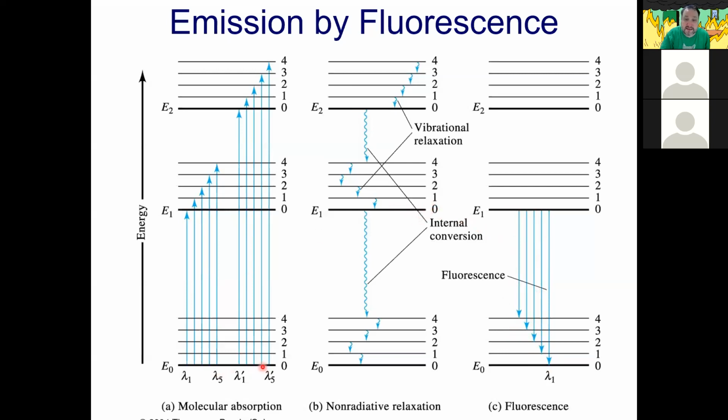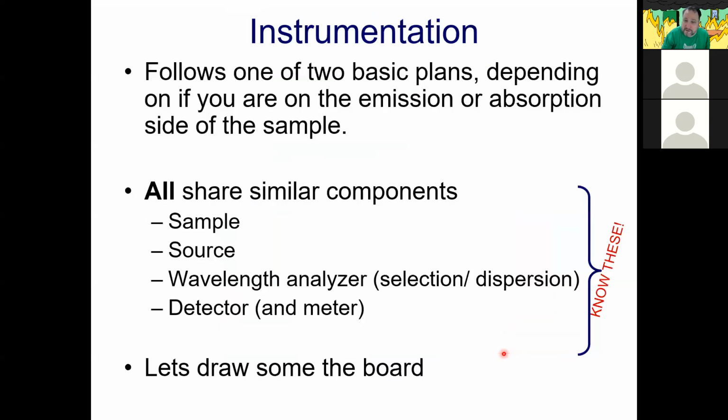And so our fluorescence process is light comes in, right, gets absorbed. We bring it down to a ground vibrational state of an electronic state, right? Or we have to undergo some sort of internal conversion, and then that light gets emitted again to a lower electronic state, but a variety of different vibrational states. And it's these variety of different vibrational states that are going to show up as little peaks inside our fluorescence spectrum.